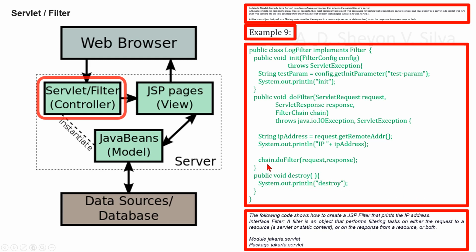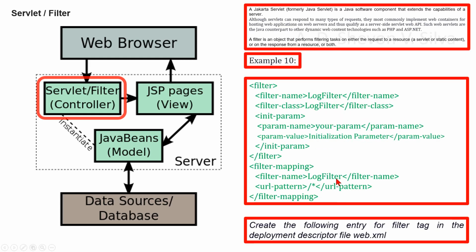Here this doFilter belongs to the filter chain method, and these are two different methods. So here as an example 10, create the following entry for the filter tag in the deployment descriptor file web.xml.